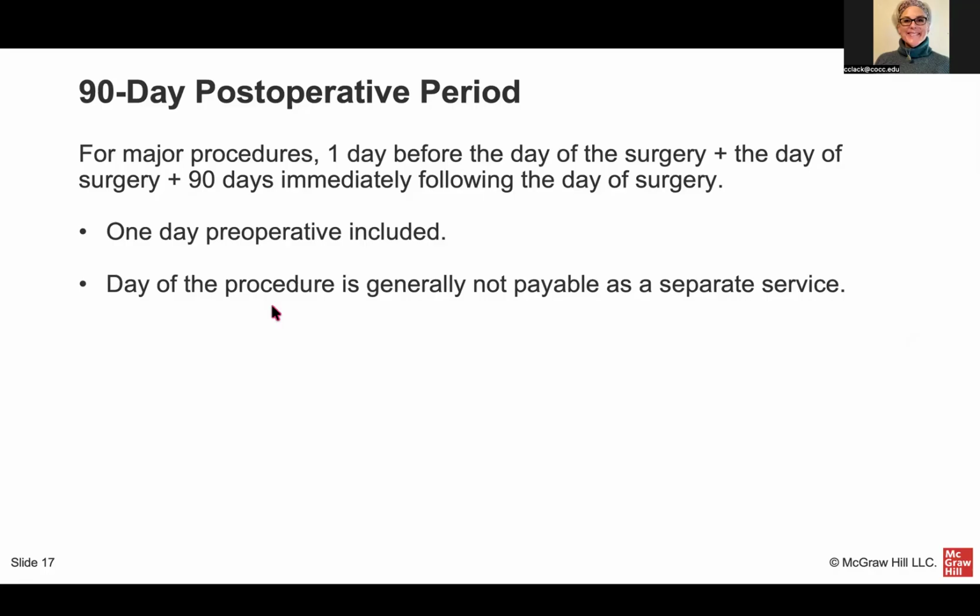It's not separately billed by the operating surgeon. The day of surgery is also not separately payable as an E&M. And then 90 days of follow-up post-op are included. That's about 3 months of routine post-op care, all bundled into that one surgical code.